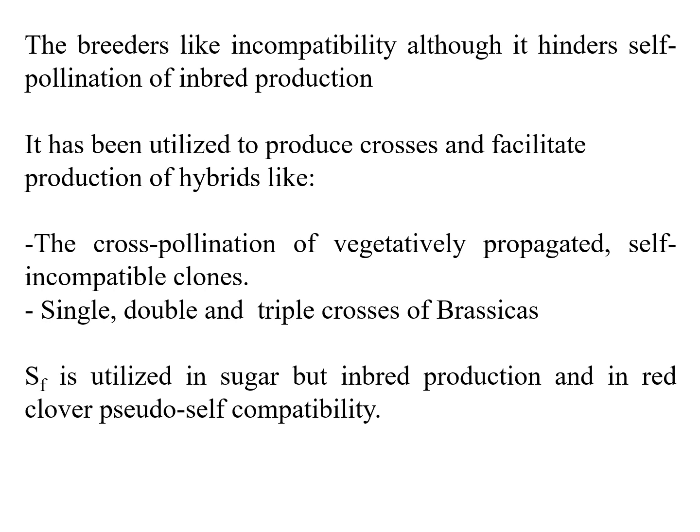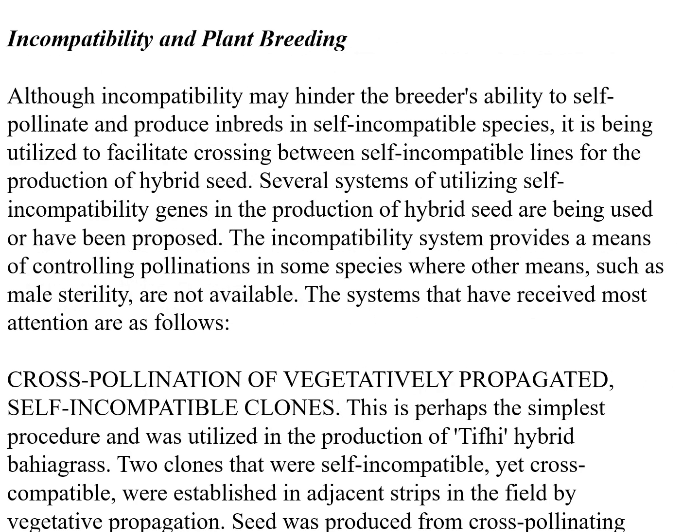Or if I need pseudo self-incompatibility, then I can use either SF, by introducing this allele, or I can increase the percentage of pseudo self-incompatibility. In plant breeding, this means how we can utilize incompatibility in our breeding programs to facilitate self-pollination and produce inbreds in self-incompatibility systems.